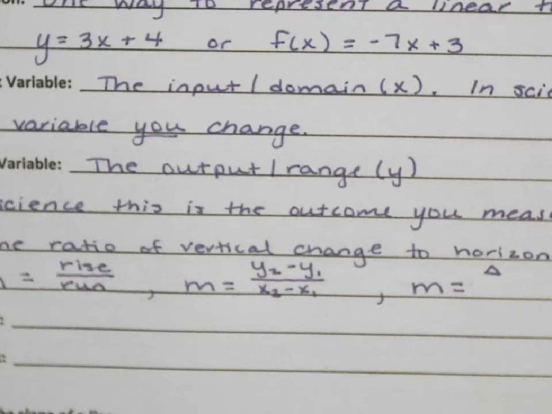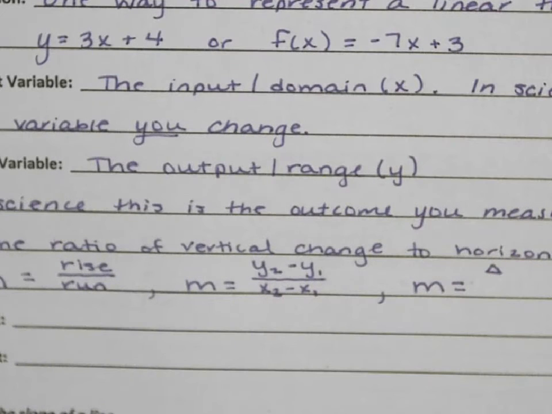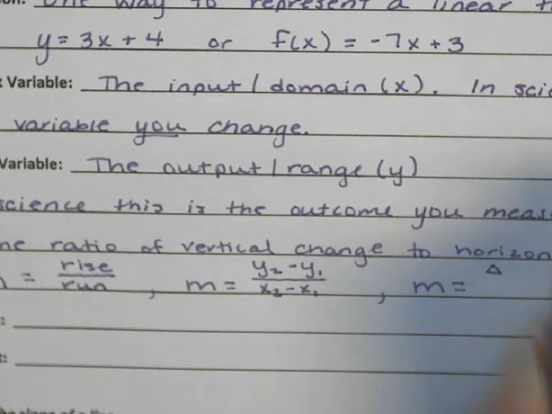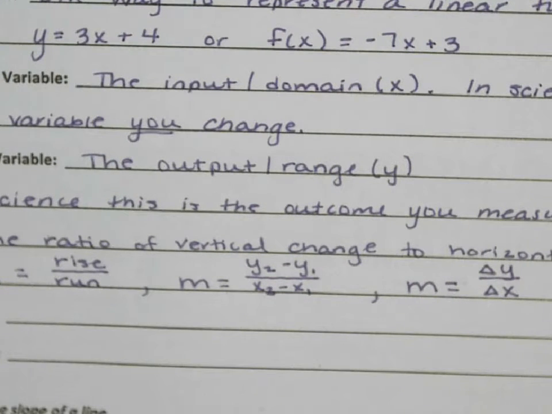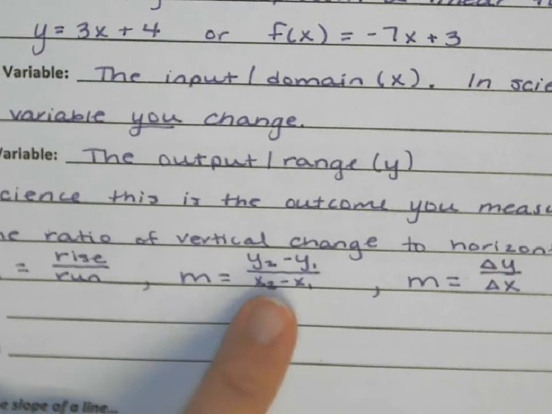It's a triangle. It means change. So change in y over change in x would also be another way you could represent slope. The one we'll use most often is that middle one, y2 minus y1 over x2 minus x1. You will want to make sure you have that memorized because you'll be using it all the time.